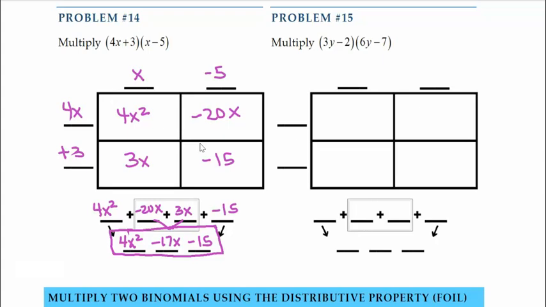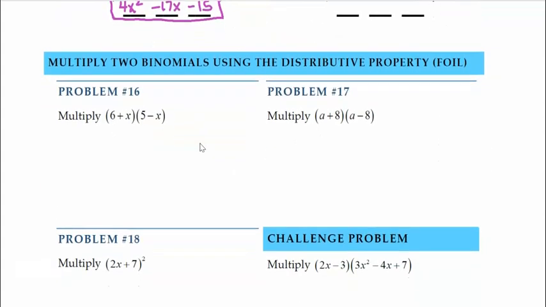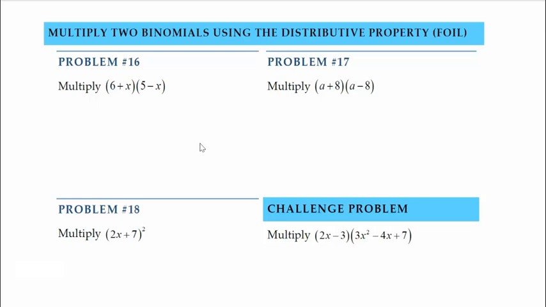Okay, and so again, you can choose to use this method, this box method that I just showed you here, or the other method is just the distributive property, which some of you may have heard called FOIL, right? Where FOIL stands for first, outside, inside, and last. And that's basically just telling you how to distribute this through.